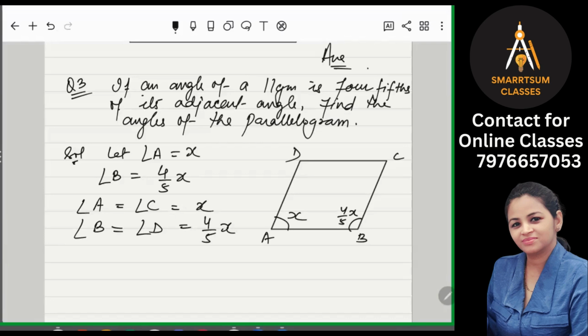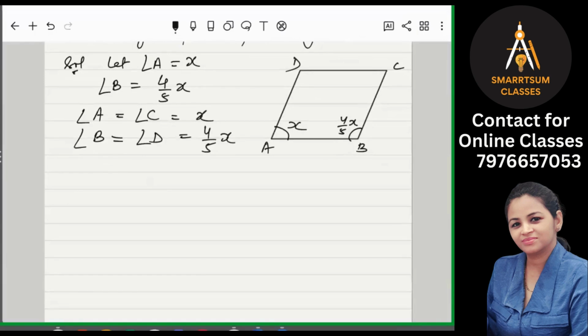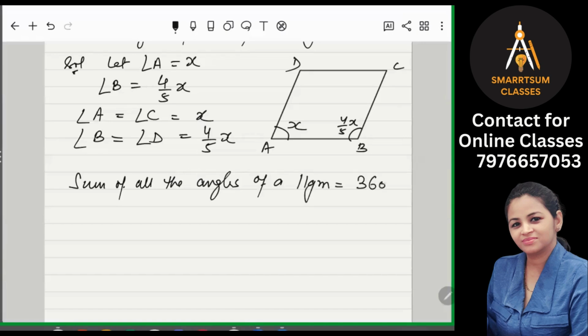Right? And we know that the sum of all the angles of a parallelogram is what? Can you tell me? What is the sum of all the angles of a parallelogram? What is the sum? It is 360 degrees, right?